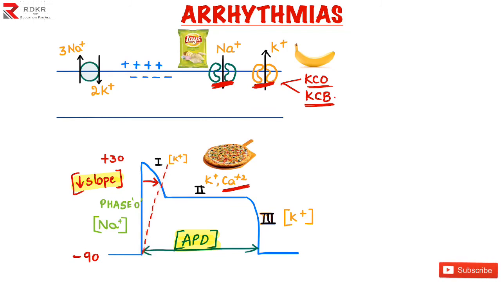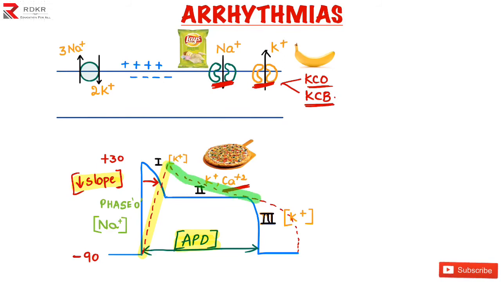So after you block the sodium, now what happens? Even you block the calcium channels also. So now if you block the calcium channels, and later if you block the bananas also, if you block the potassium channels also, this action potential will increase. Okay, just a second. From here, this was due to the sodium channel blockers. And when you are trying to block the potassium channels also, what happens?